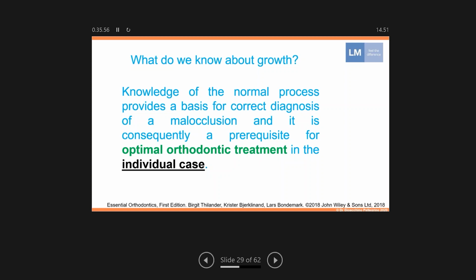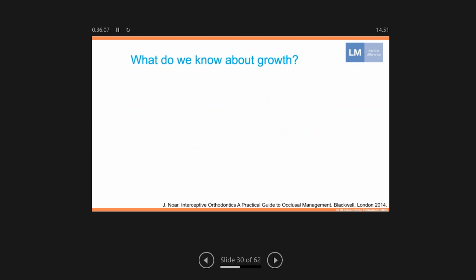Remembering that we want to treat each child, each patient, in the correct way, remembering that each problem is a specific individual problem.